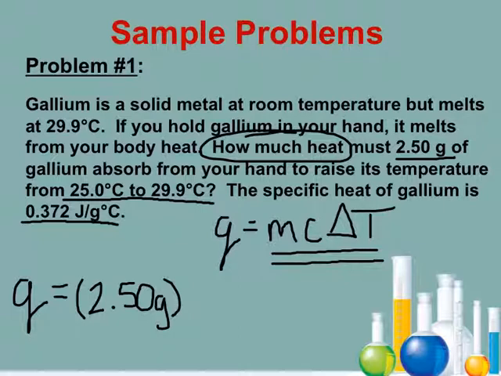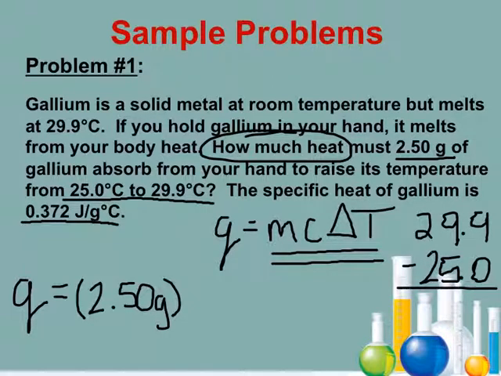Okay, well I'm going to have to subtract for that one. So I'm going to put it over here on the right. 29.9, and please forgive my terrible handwriting. I'm trying to do this quickly and get it posted before class. 25.0. So when I subtract, 9 minus 0 is 9. 9 minus 5 is 4, and the 2's cancel. So that temperature change is 4.9.